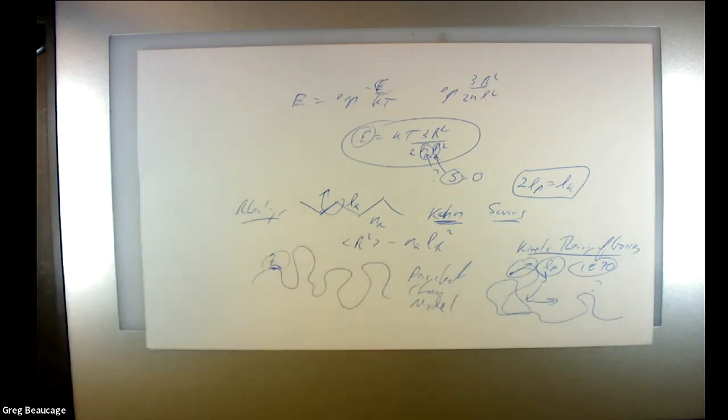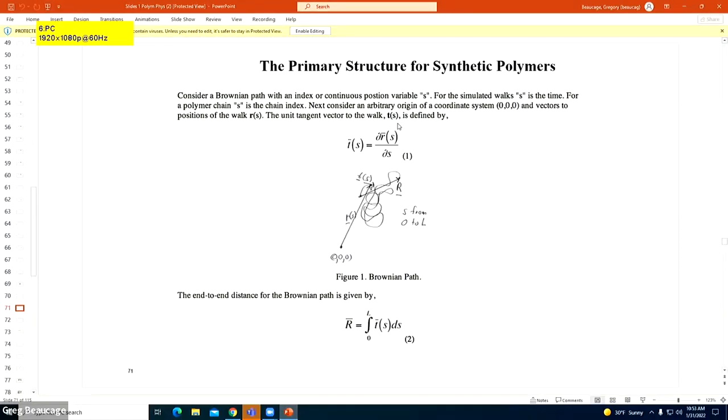That's the general idea. You take some squiggly line and say it has a tangent somewhere. The tangent at that point is the derivative of R with respect to the index of the chain, S. S is a continuous number, and I is like a finite step.